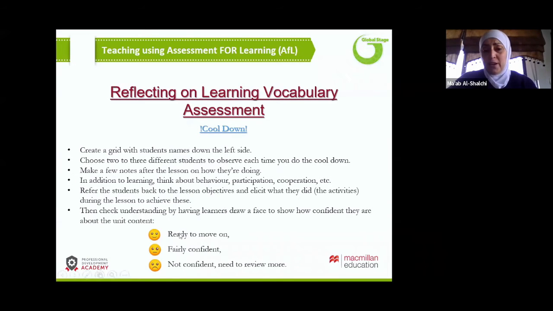So if they're really ready to move on, they learn to draw a smiley face. This is a face for the fairly confident, and the sad face is to show you that they need to review more.